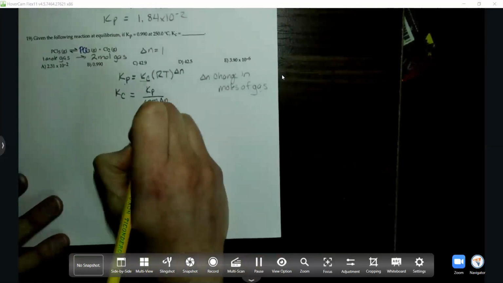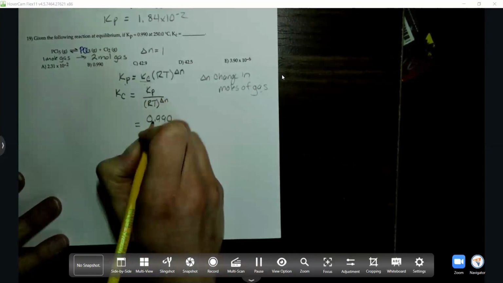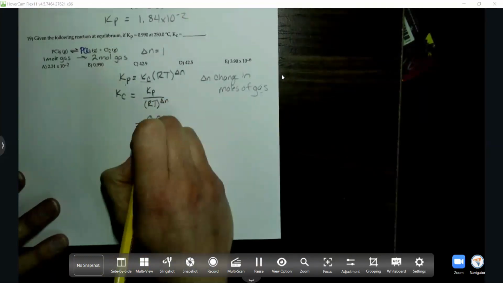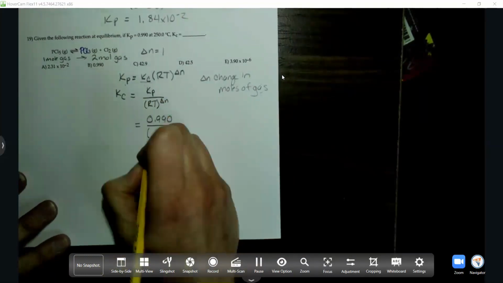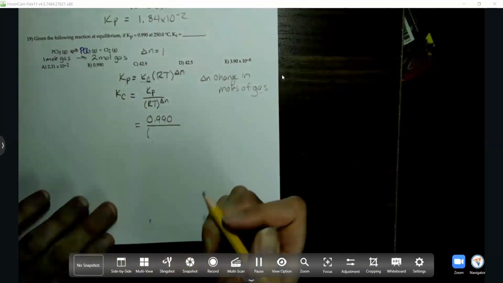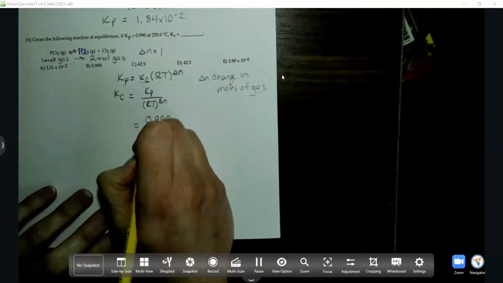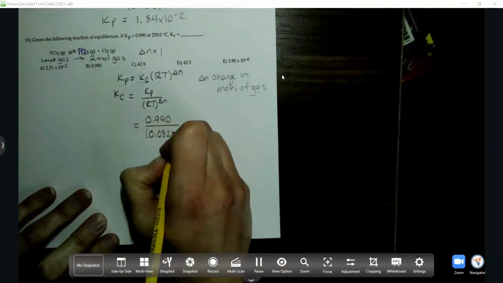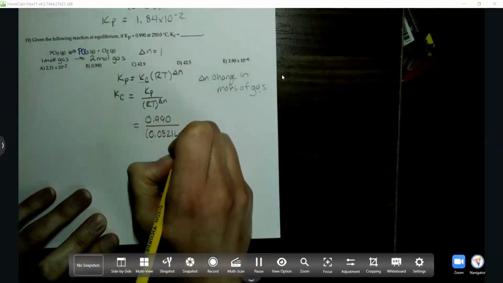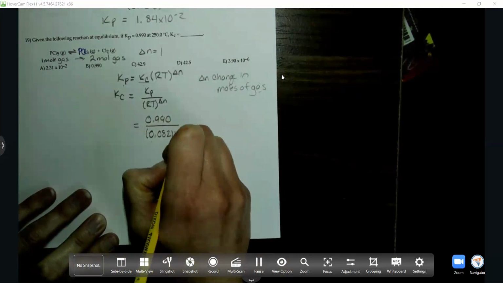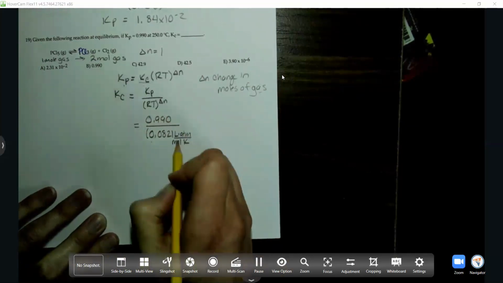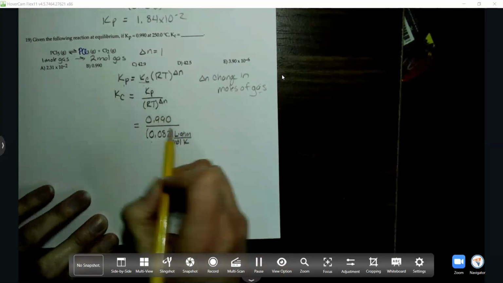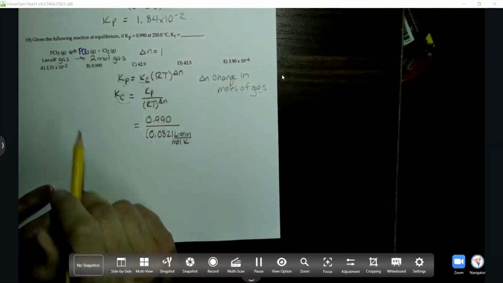So this is equal to 0.990 divided by, in this case, we're going to use the other value of the gas constant, 0.0821 liter atmospheres. And the way I remember this one is mole per liter is molarity, and we're talking about concentration.